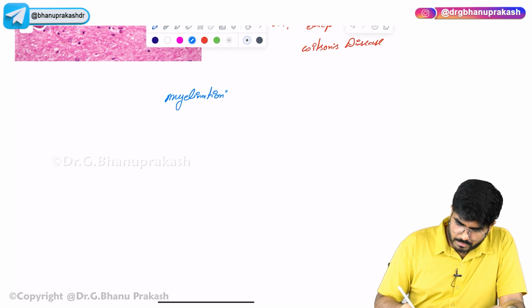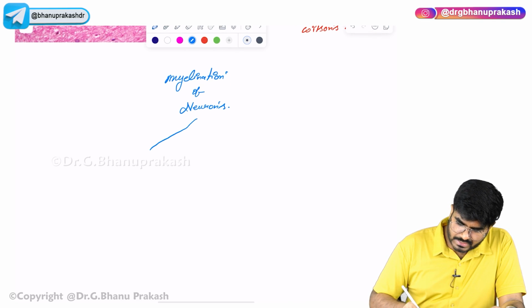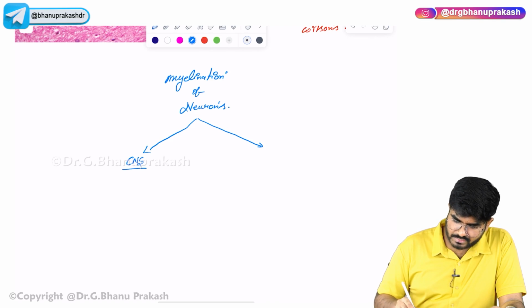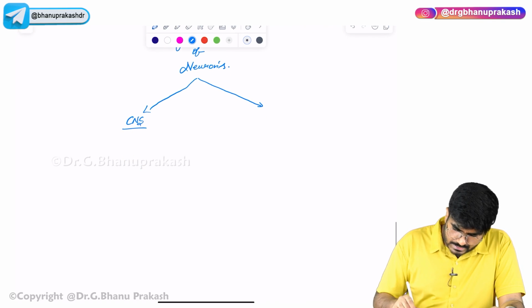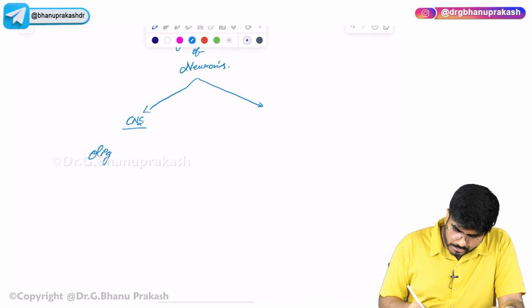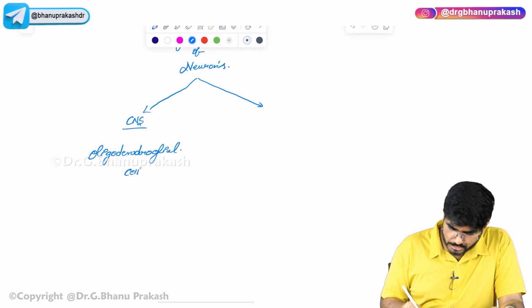Myelination of neurons. So how many types of cells are there? Who is causing the myelination? In the central nervous system, the myelinating cells are called oligodendroglial cells.